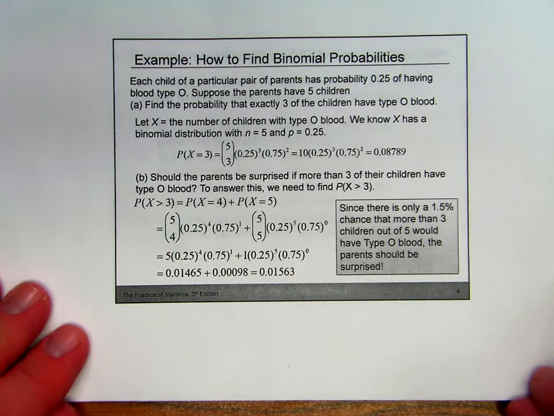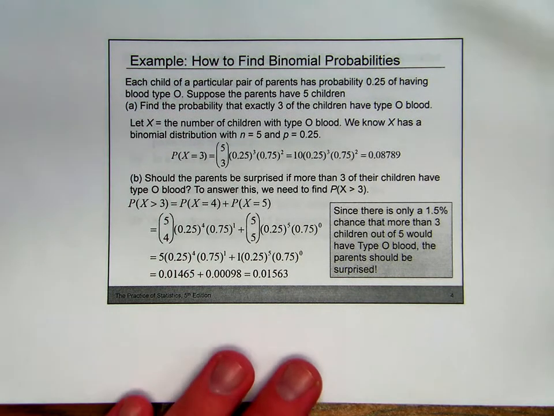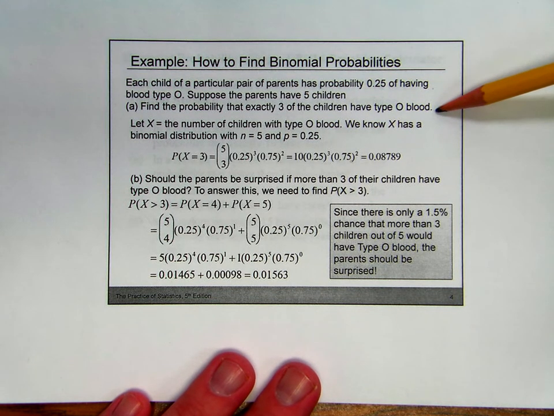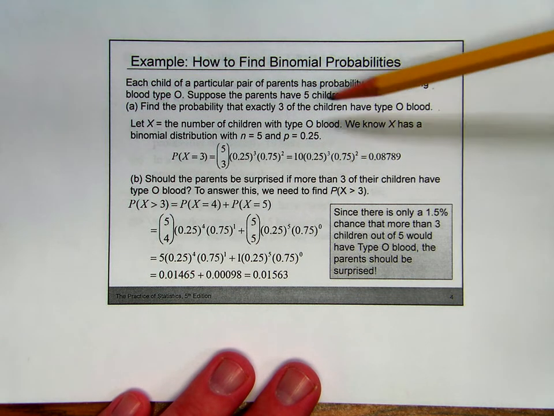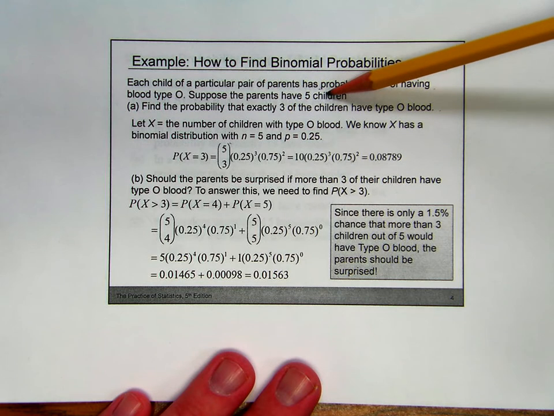All right, a recap of one of the problems that we did yesterday. Each child of a particular pair of parents has a probability of 0.25 of having blood type O. Suppose the parents have 5 children. Find the probability that exactly 3 of the children have type O blood. So, 5 trials, that's the N. Each time you have a kid, it's a trial.